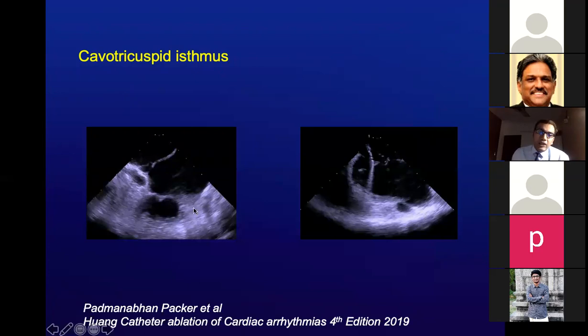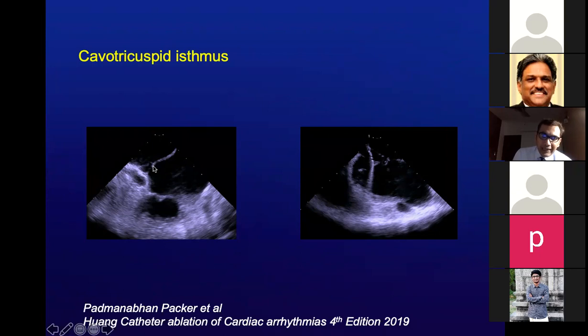This image is of an intracardiac echo. This probe is placed within the right atrium. From the right atrium, you look downwards, and you see the tricuspid valve. You see the connection between the tricuspid valve going ahead into the IVC.